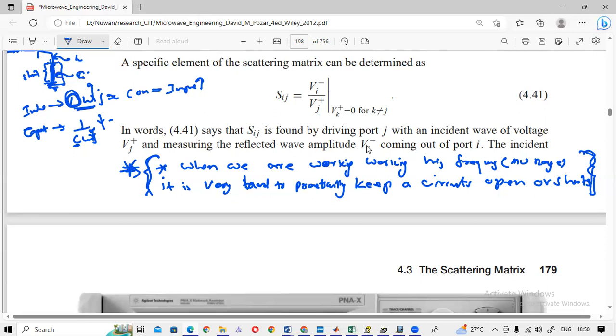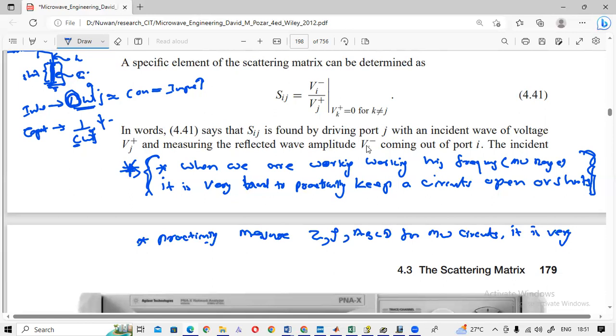So you can see that if you want to practically measure the Z parameter, Y parameter, or ABCD parameter for microwave circuits, maybe it is very hard, or maybe sometimes impossible.